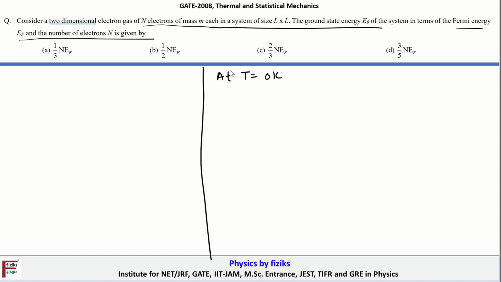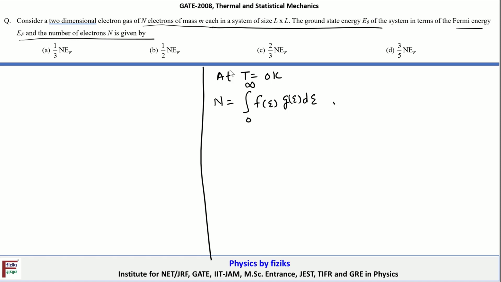So at absolute zero, all the energy states below the Fermi level are going to be occupied, whereas all the energy states above the Fermi energy will be empty. So the total number of particles in the system is given by the integral from 0 to infinity of the Fermi Dirac probability distribution function Fe multiplied by GE dE.